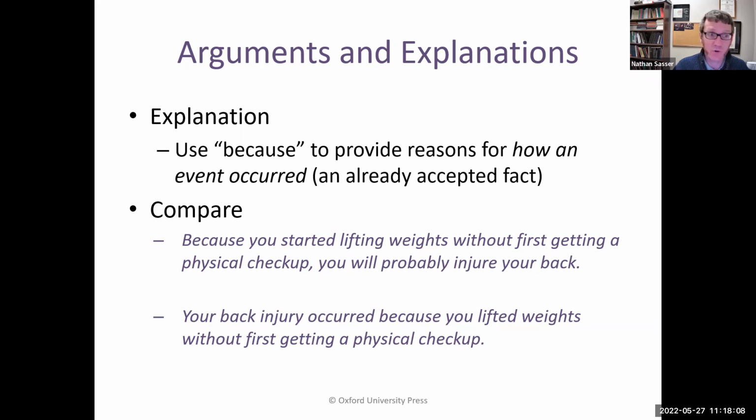Or is it something not taken for granted that the speaker's trying to prove? Well, in this case, it's not taken for granted that you're going to injure your back. The speaker is trying to warn us and convince us that that's probably what's going to happen. In this case, it's not an explanation, it's an argument.